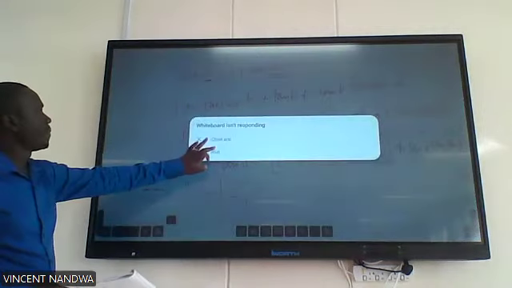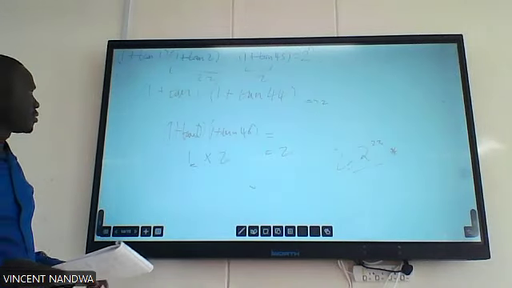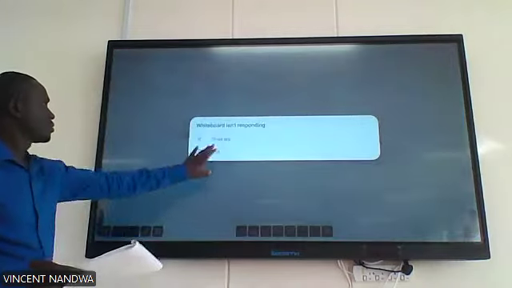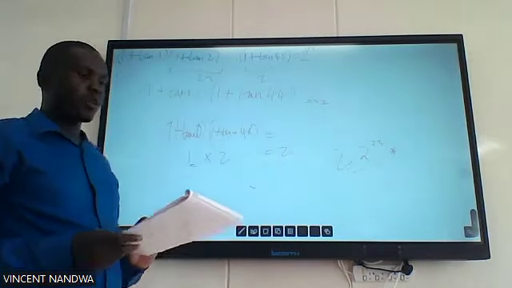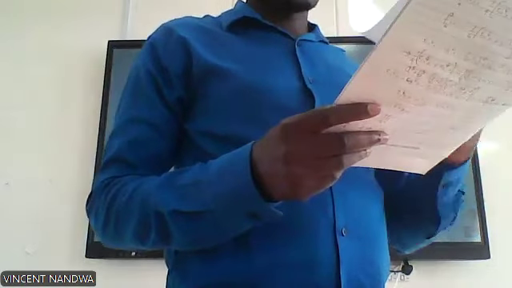So number 3, in a triangle ABC, the measure of C is 30 degrees. Check that the measure of C is 30 degrees.